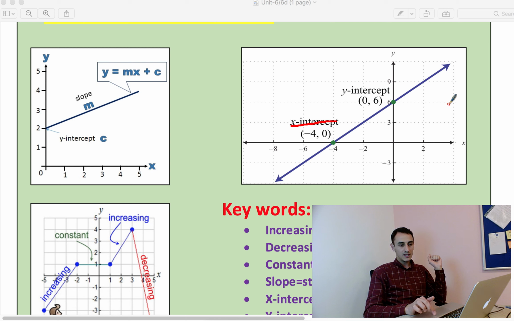If we have a y-intercept, we have x-intercept as well. This is x-intercept, this is y-intercept. Y-intercept is intersection with y-axis. X-intercept means intersection with x-axis. For example here, y-intercept is 0, 6. And here x-intercept is negative 4, 0.